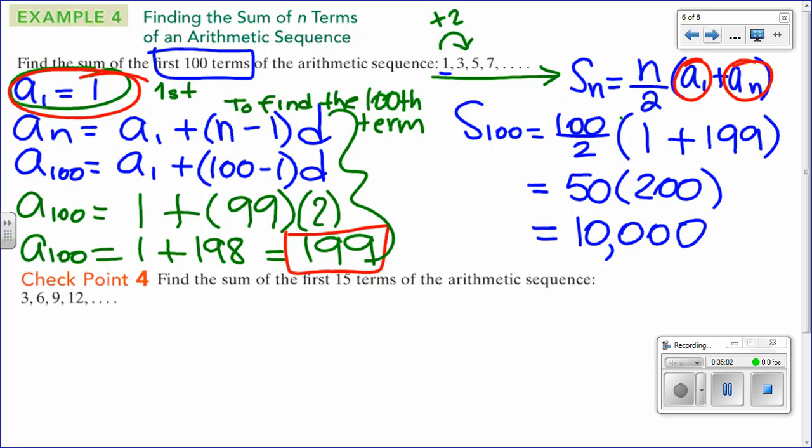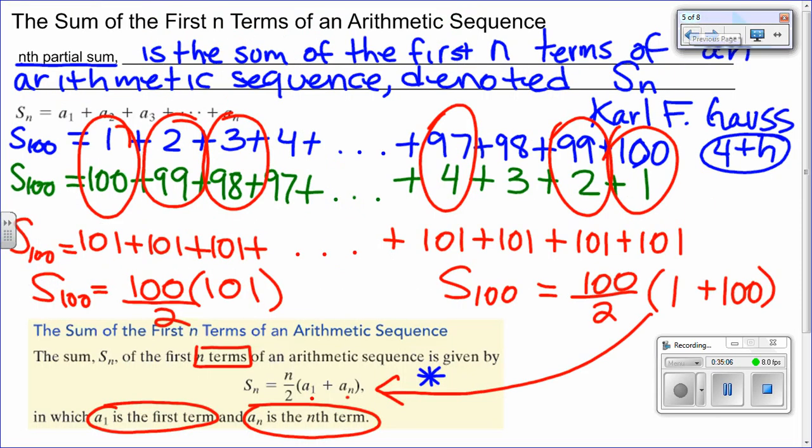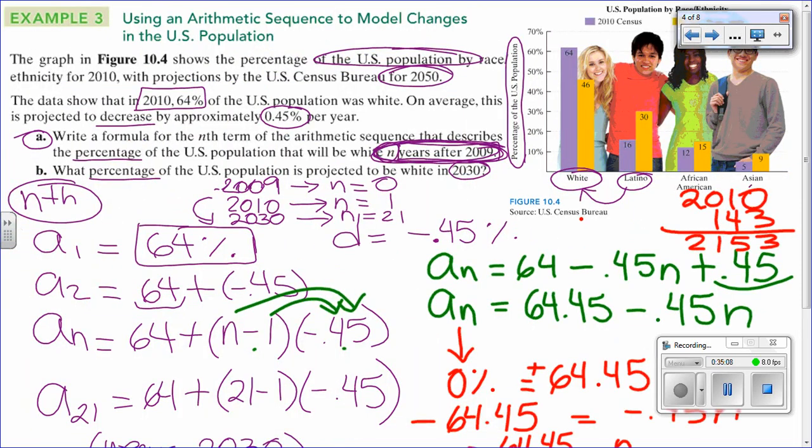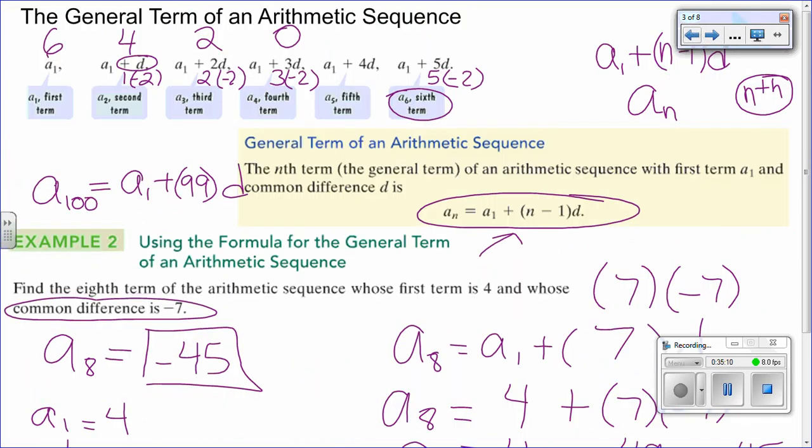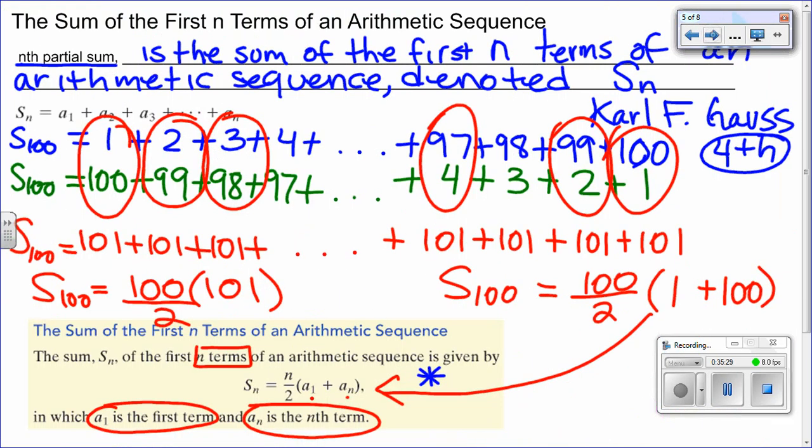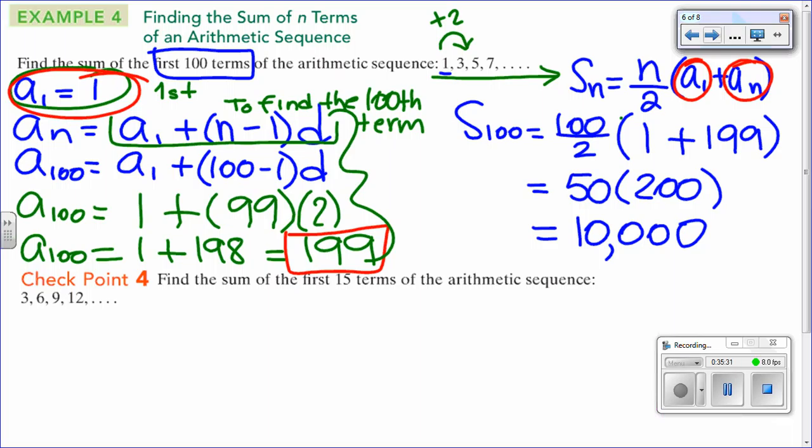This formula that we used, it came from what we were doing back here on example number, right here on this slide. Remember? We discovered how for the term number 6, a sub 6, you had to add the difference 5 times, which was 1 less than the subscript, right? That's why we used n minus 1. So that's what we did to find the 100th term, which is here.